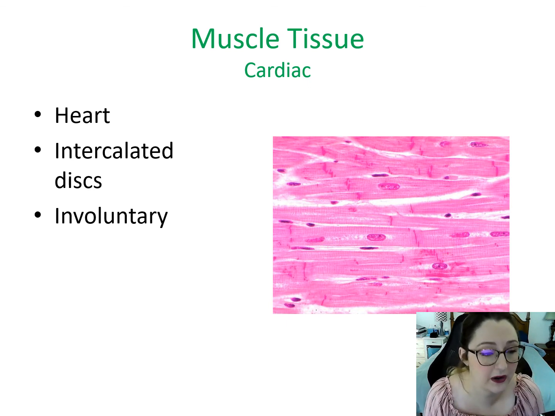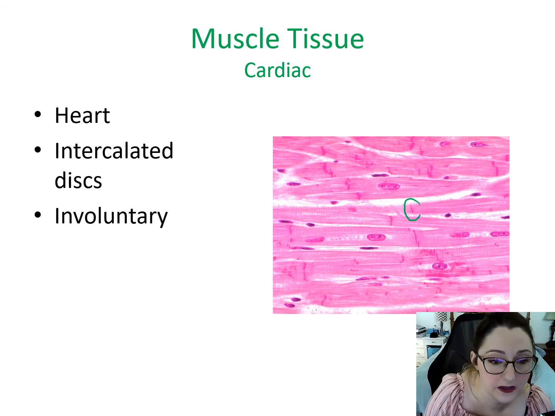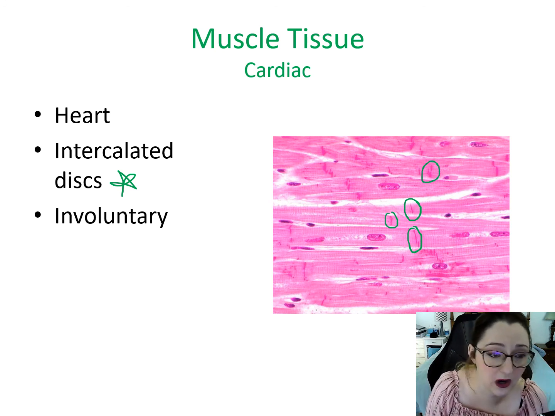Next we have cardiac, which is going to make up your heart, and it has a very distinct structure in it, and I want to make sure that you know it. That is intercalated discs. These are these little lines. What these lines do is make sure that all of the cells in cardiac tissue are nice and coordinated.